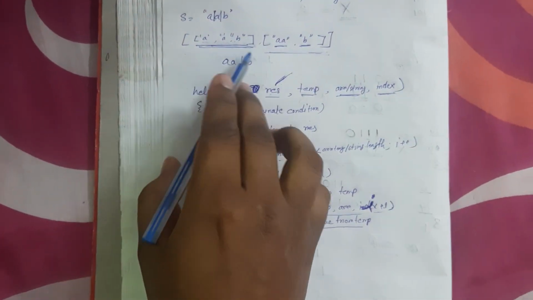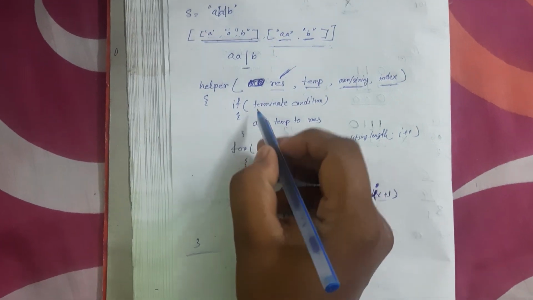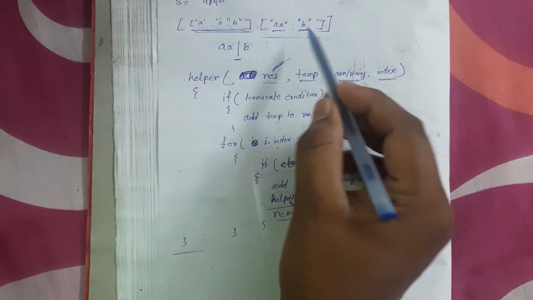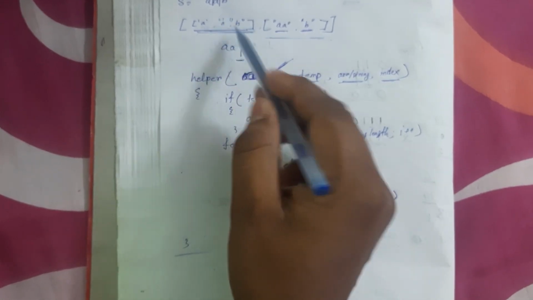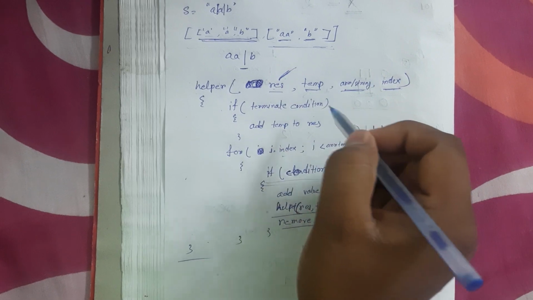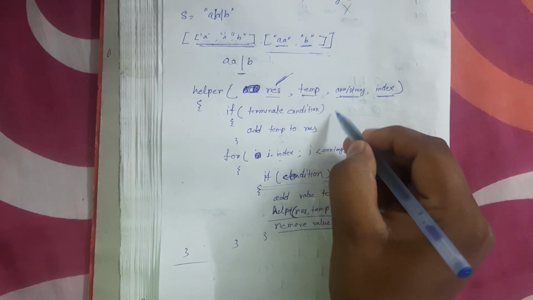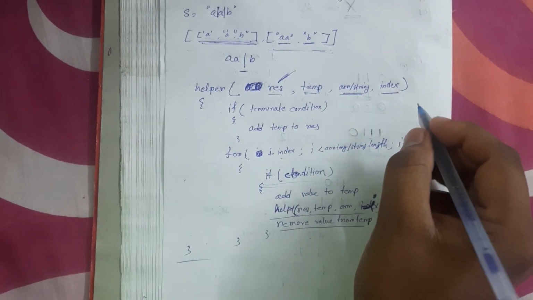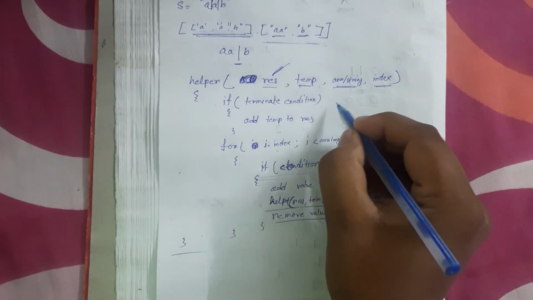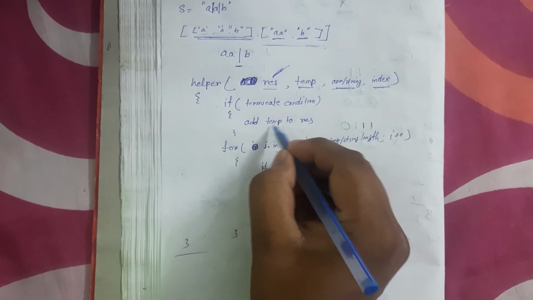So here you can see what the terminating condition should be. While continuing partitioning, if we reach the end of the string, we cannot do any further partitioning. In that case I will simply add the temp to our result.